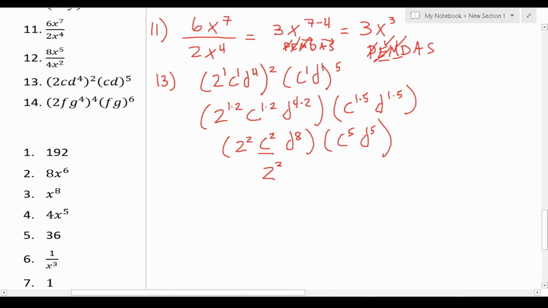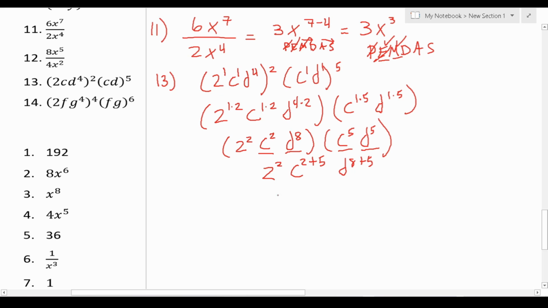But that said, we have c squared times c to the 5th. Okay, so that's going to become, according to the product rule, c to the 2 plus 5. And then again, we're going to use the product rule to do d to the 8th times d to the 5th, which is going to become d to the 8 plus 5.